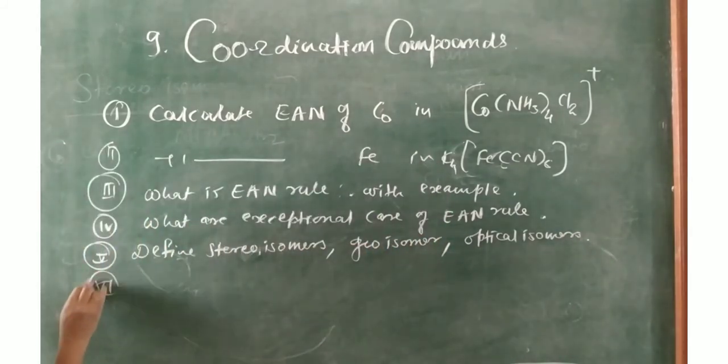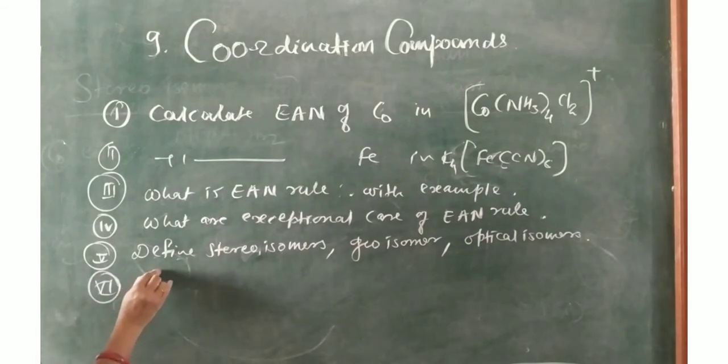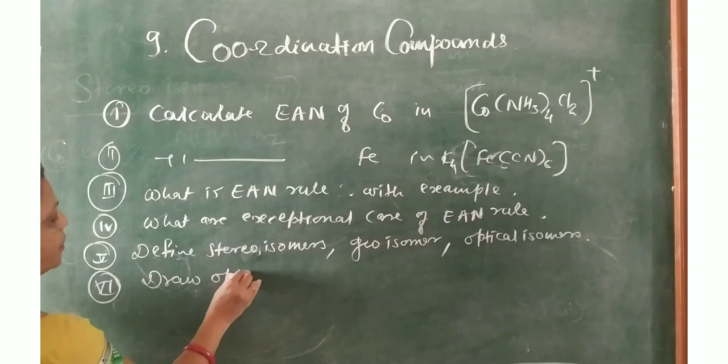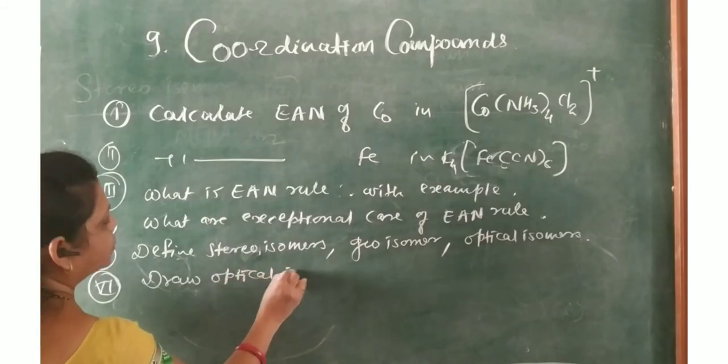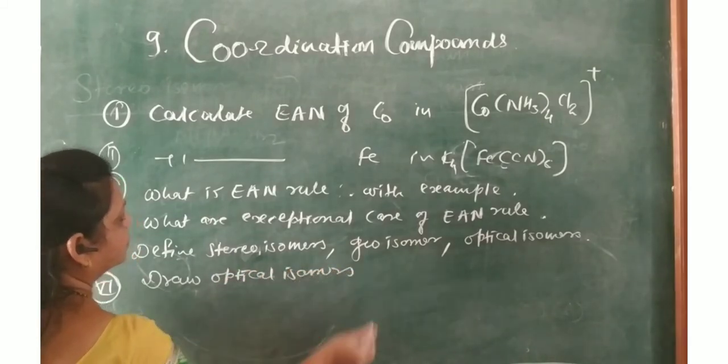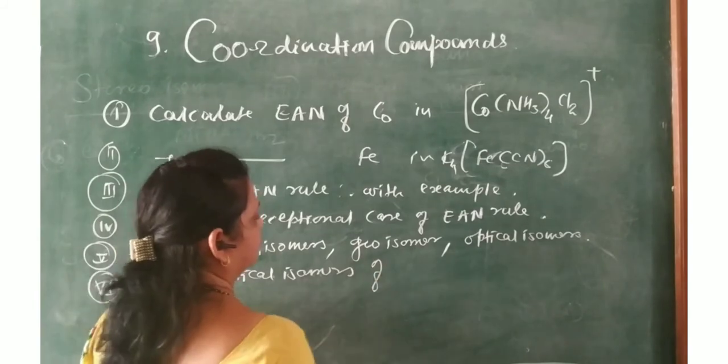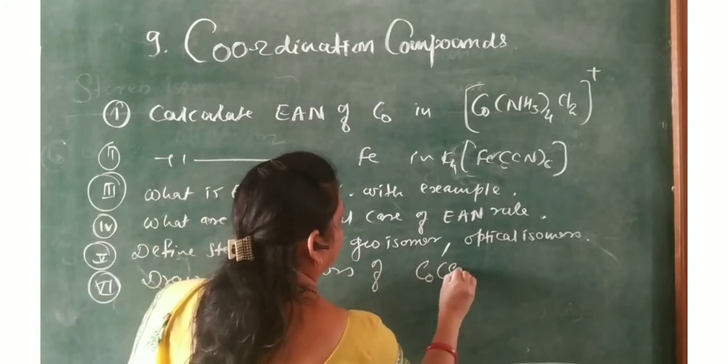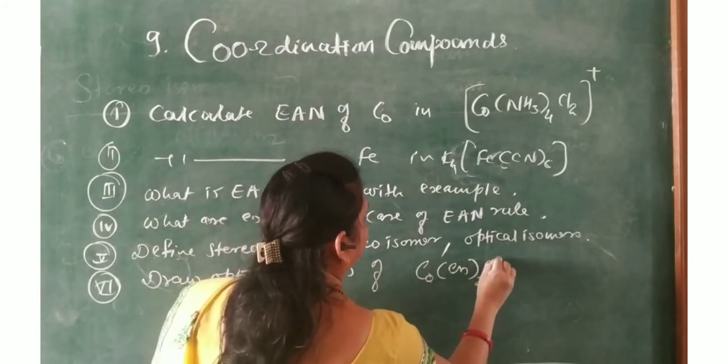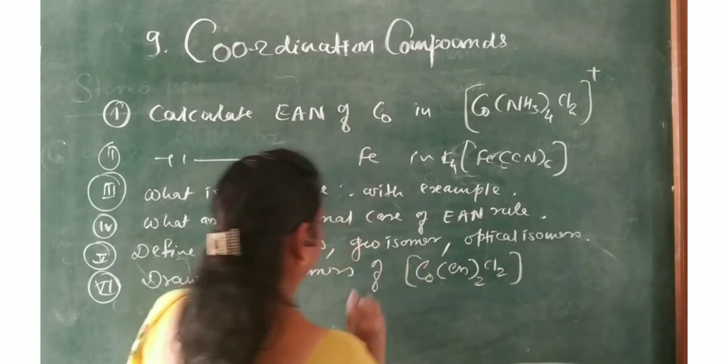Sixth one, draw optical isomers of Co(en)2Cl2.